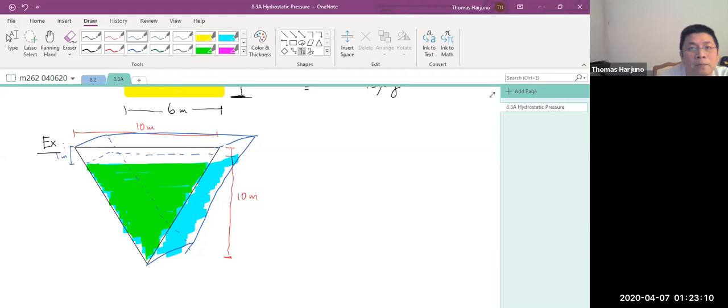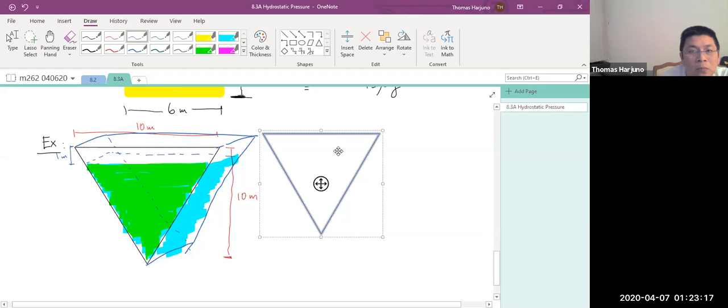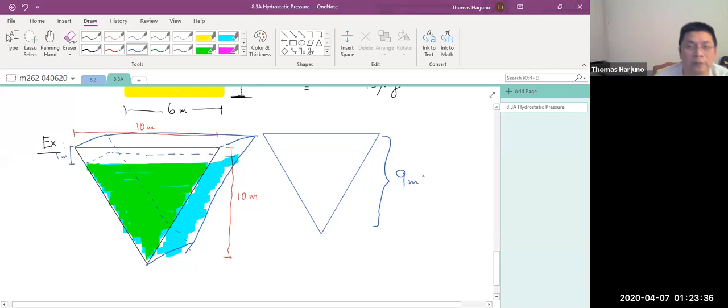Okay, then if we think about it, what is the depth of the water? How deep is the water? The whole thing is 10, but you fill it up until you have only 1 meter left. That's right, that's 9 meters here.